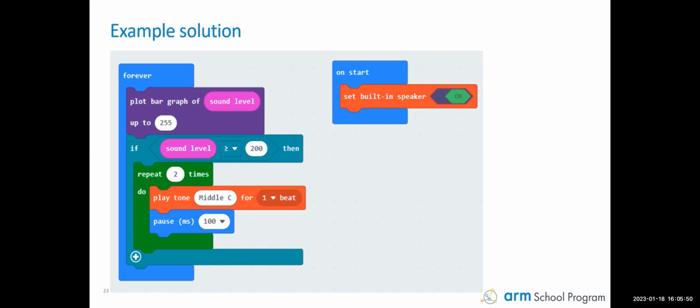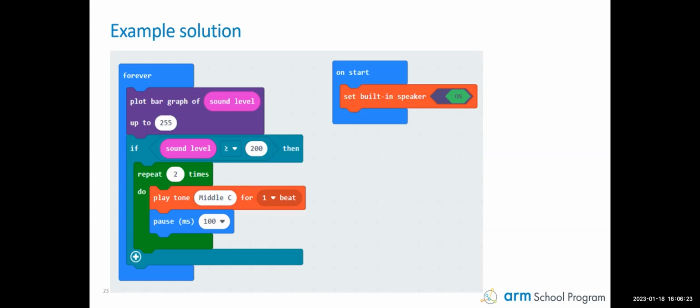So if the sound level is greater than or equal to 200, obviously the maximum is 255, so 200 is kind of three quarters of the way up or whatever, and it's testing when it goes above that threshold, then it triggers the bit underneath it. So it's really important that they at least are a little bit familiar with less than, greater than, and less than or equal to, greater than or equal to. So there's the symbols there in the middle.